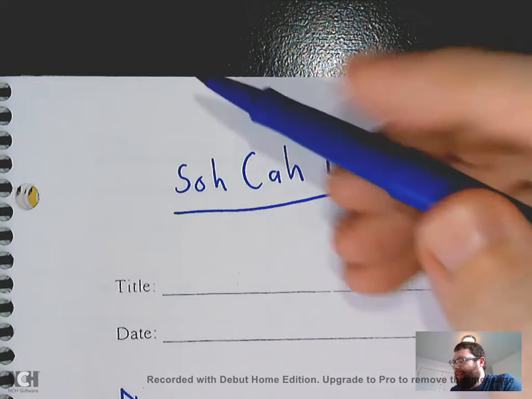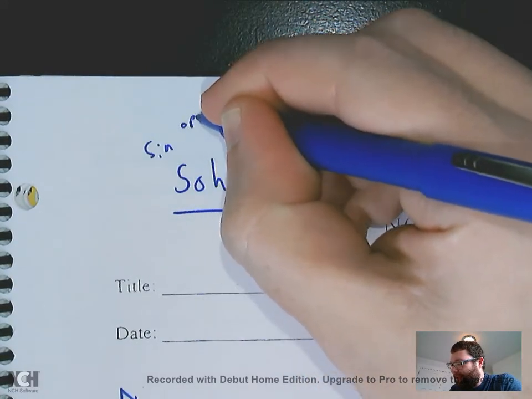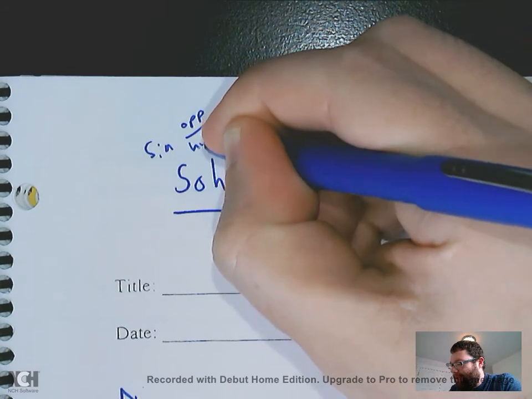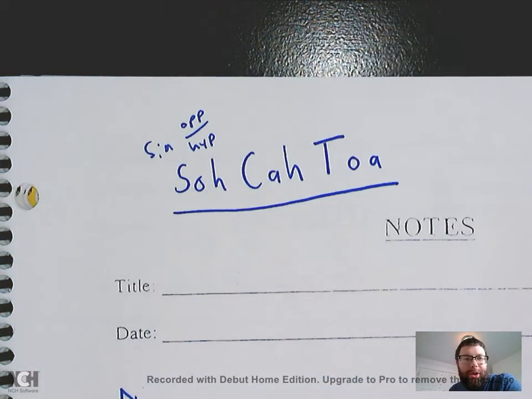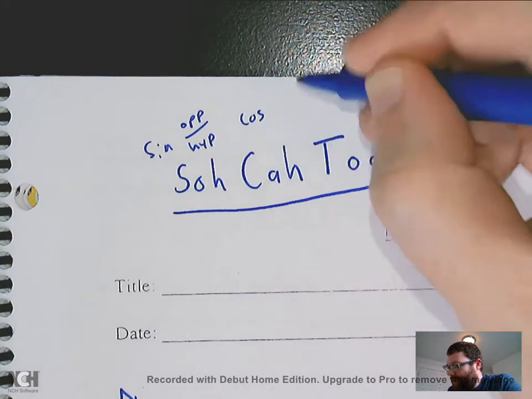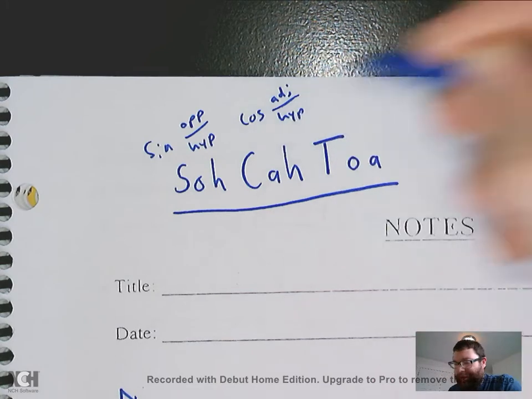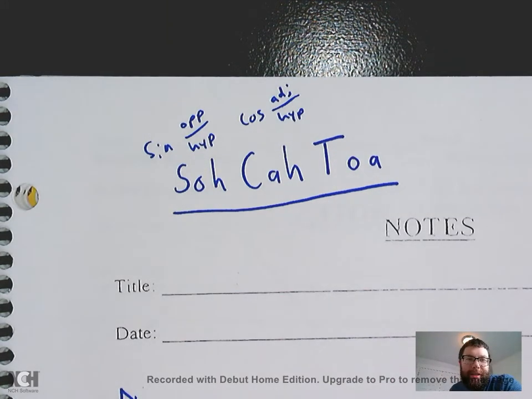So, remember SOHCAHTOA, right? Sine is opposite over hypotenuse, that's the SOH part. Cosine is adjacent over hypotenuse, that's the CAH part of SOHCAHTOA.